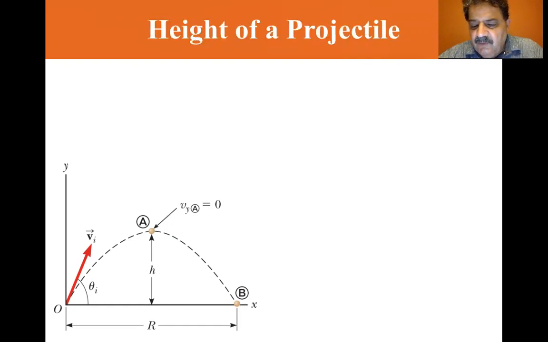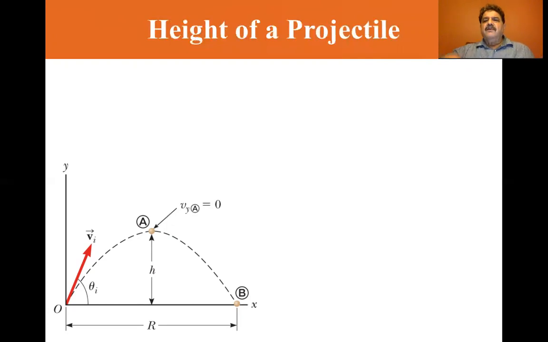Now, if we find h and R mathematically in terms of v initial, theta initial, and g, we can make some progress in determining these. We determine h by noting that at the peak, vy is equal to 0. In other words, the vertical component of velocity is 0.